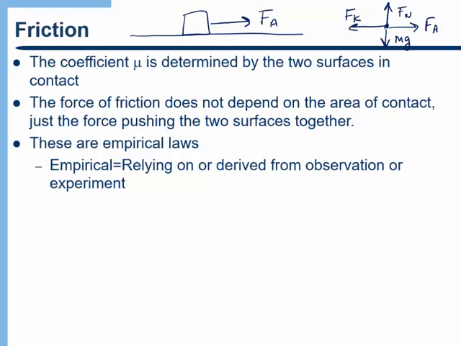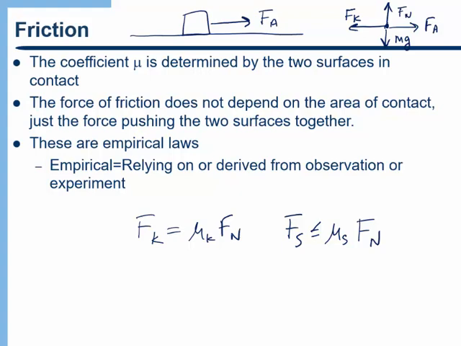But you can imagine if you have a really big surface area versus a very small one, then maybe this isn't quite true. And so one of the important things to understand about our laws of friction, that Fk is mu k times Fn, or Fs is less than or equal to mu s Fn, is that these are empirical laws.